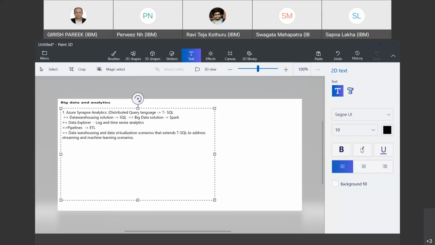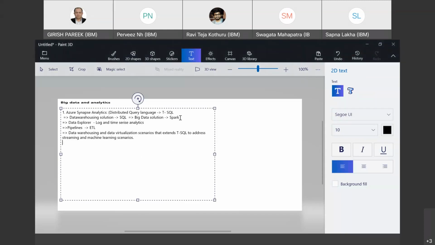It also helps you integrate AI with SQL by using machine learning models to score data using the T-SQL PREDICT function. So a couple of things.